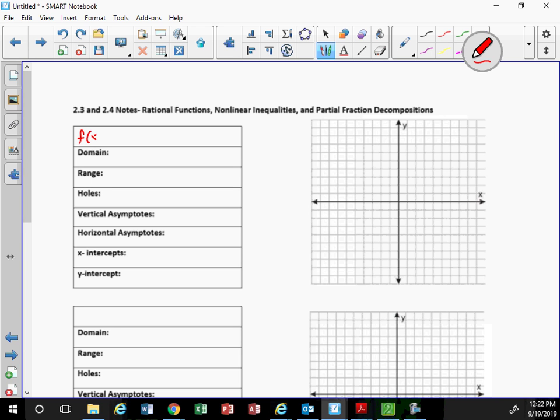All right, let's try f of x equals 5x plus 1 over x squared minus 1.